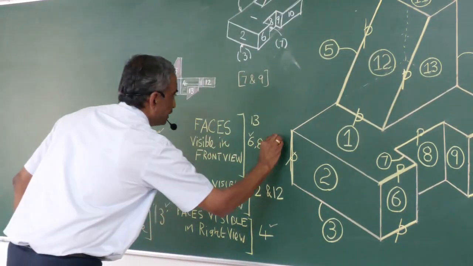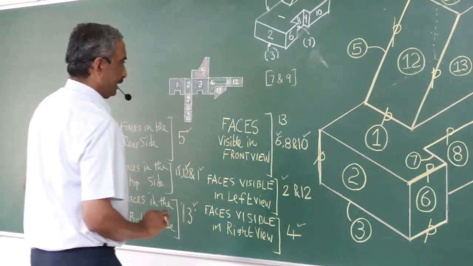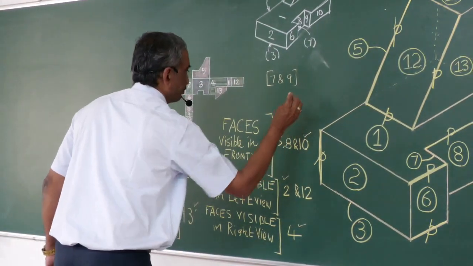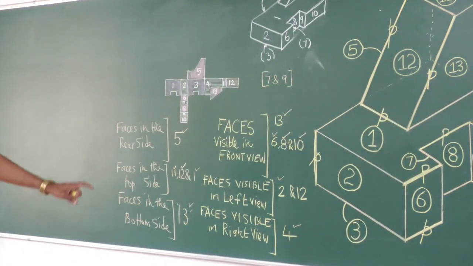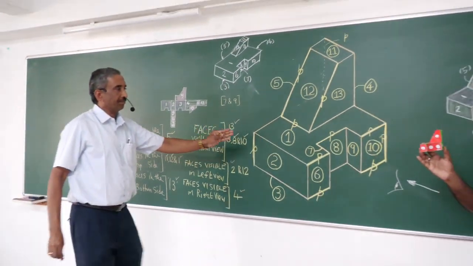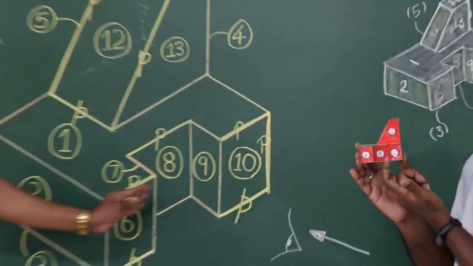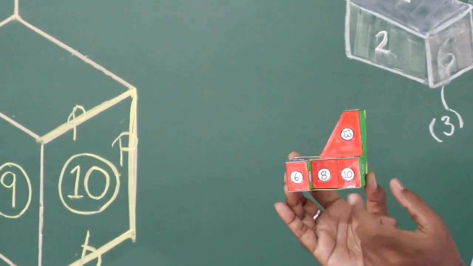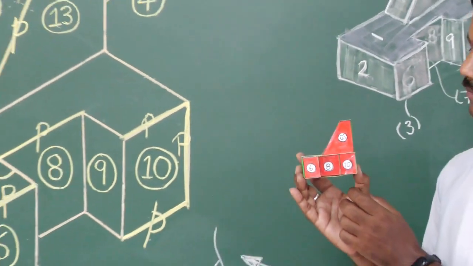We have seen 10, 11, 12, 13 also. 8 also we have seen. The faces which we have not seen are 7 as well as 9. In any of the views, we have not seen faces 7 as well as 9.